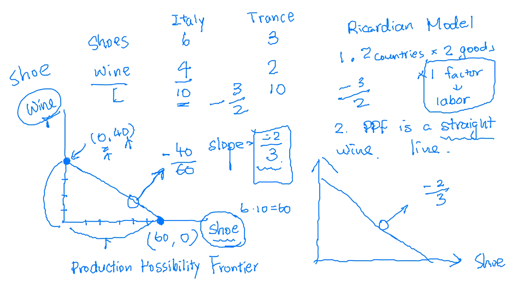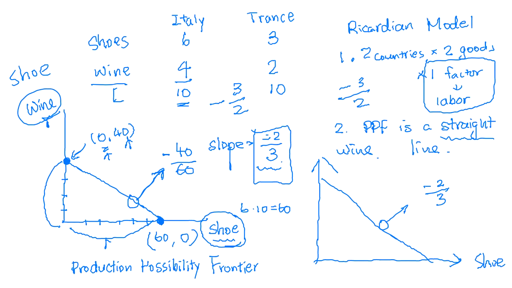That means in order to produce an additional bottle of wine in Italy, you have to give up producing 1.5 pairs of shoes.